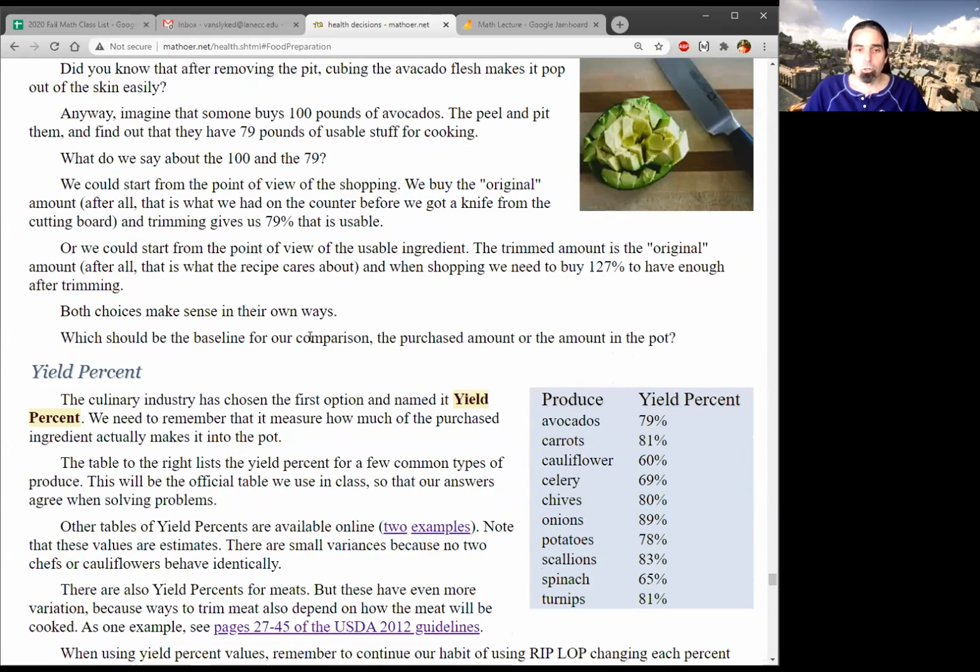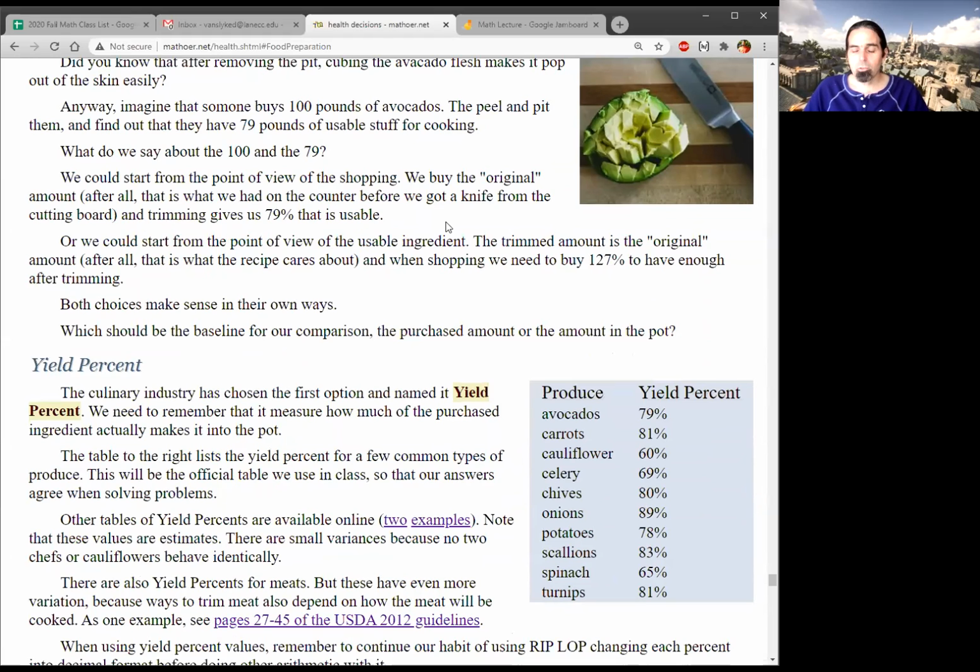Or we could start from the point of view of the usable ingredient. We can say that the recipe wanted a bunch of trimmed avocado. So when we're shopping, we have to buy extra, more than 100%. And we could do 100 divided by 79 is 1.27 and say that we need to buy 127%, more than the recipe calls for.